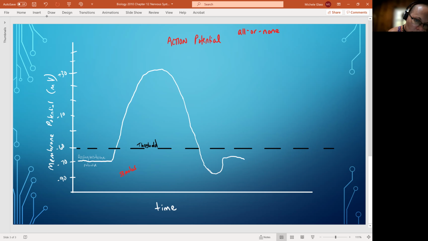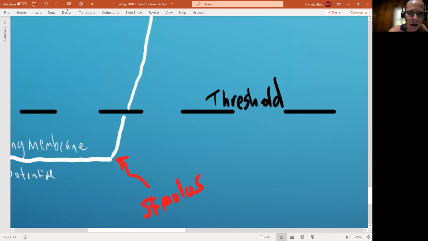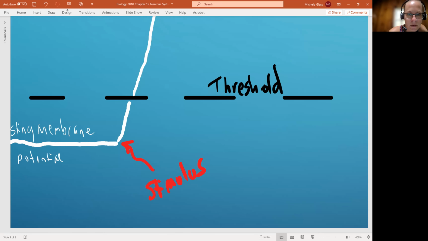So it's right at that point where we start to see the initial depolarization of our neuron. So here, taking us from -70 to -60, we're going to call that our initial depolarization. What we can also call a graded potential.